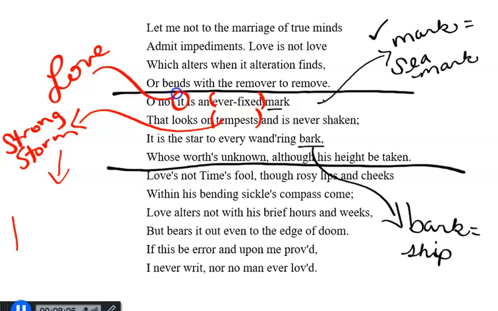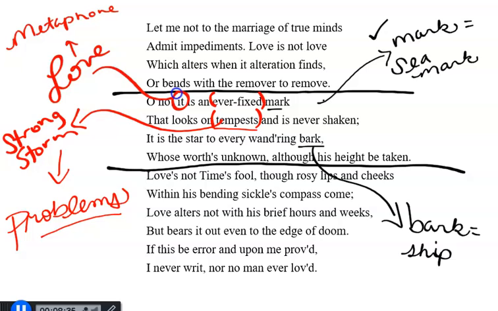A strong storm could be problems. All right? So, that love is a permanent sea mark that looks on tempest and is never shaken. So, whenever he says tempest, we can kind of get that he's talking about problems. But also, whenever he says it is an ever-fixed mark, this is a metaphor.